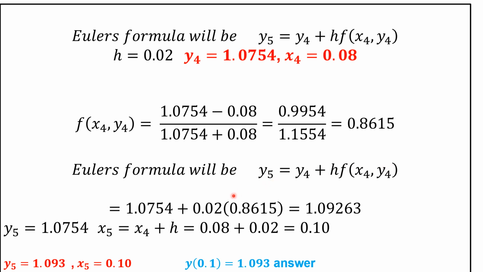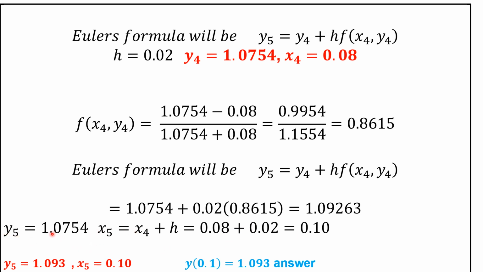This is the method, right? So y4 we already calculated in the previous step, and the value of h in the first step we have calculated, 0.02. That is the same everywhere. Same thing I am writing here. Try to simplify. This will be y5.